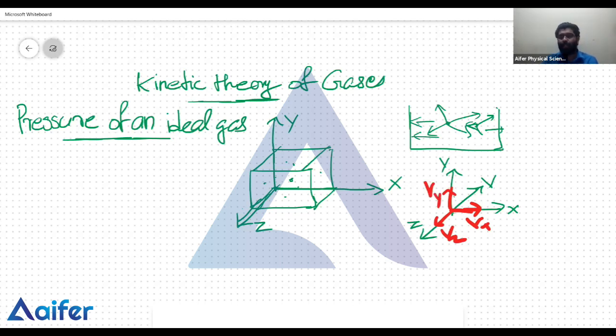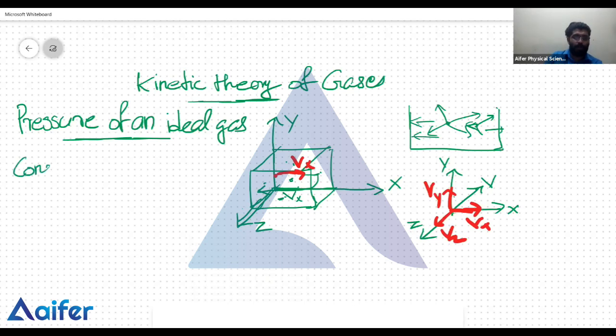In all possible directions velocity has a component. I am considering one particular molecule here which is moving along the x direction, so its velocity will be vx. When it collides with the wall, after collision it will move back, so its velocity becomes minus vx. So I am considering such a molecule.